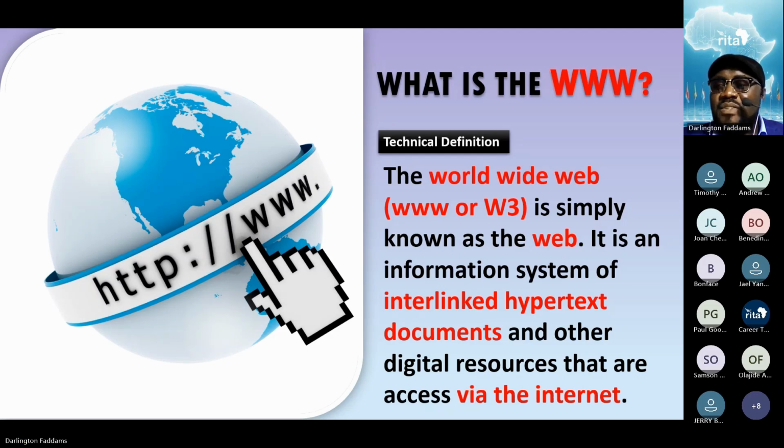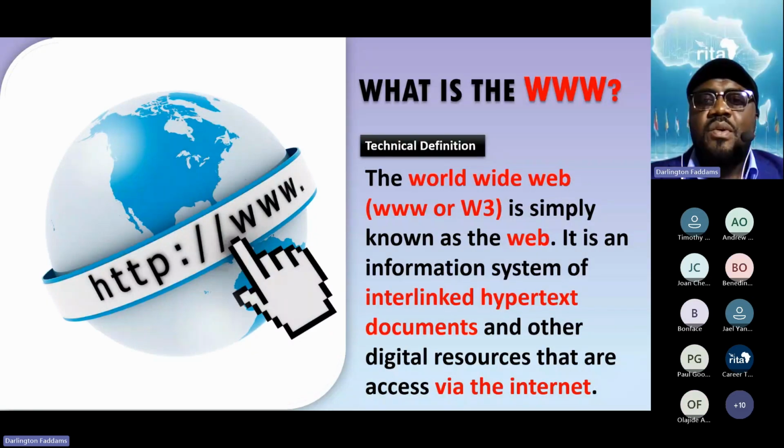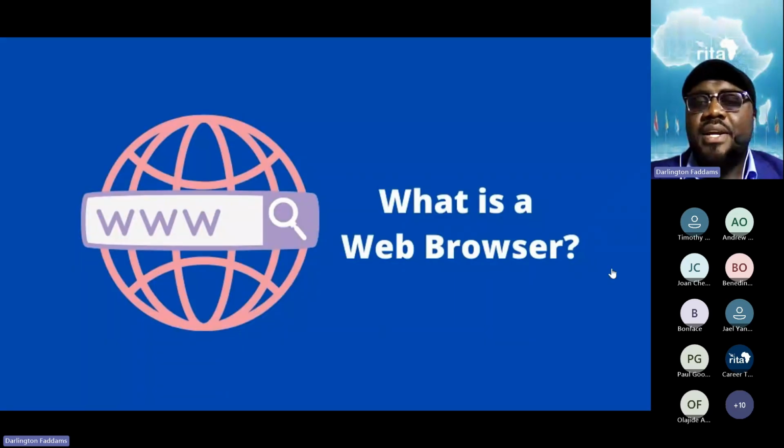Thank you. All right, so we've seen what the World Wide Web is. And as we are working on websites, we are going to be working with browsers. And so you have to understand that a browser is a window to the web. So it is called a web browser. If you want to get to the web, you use a browser.